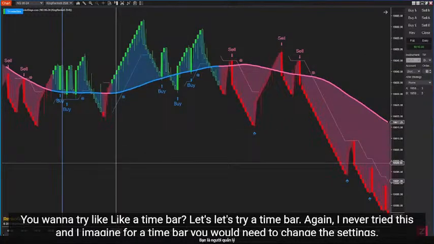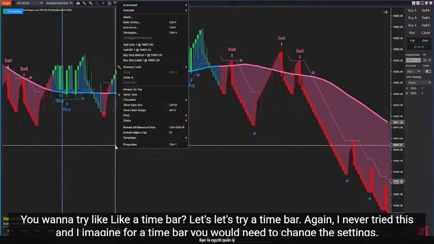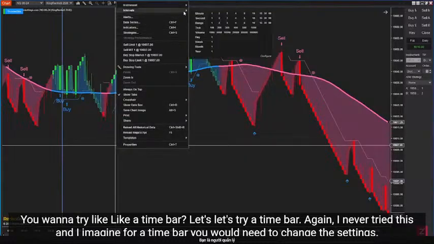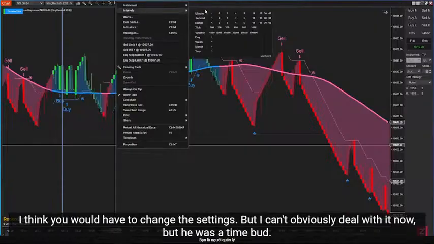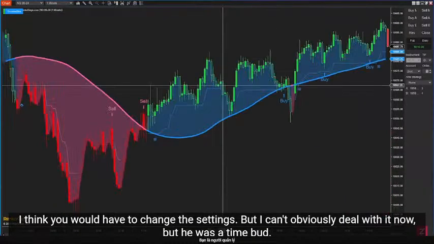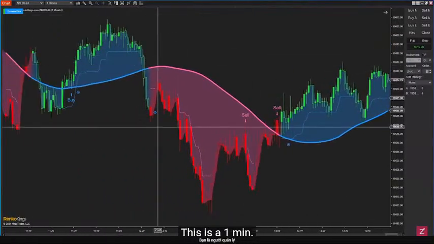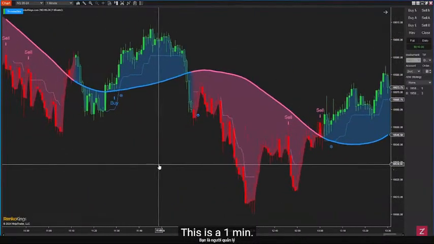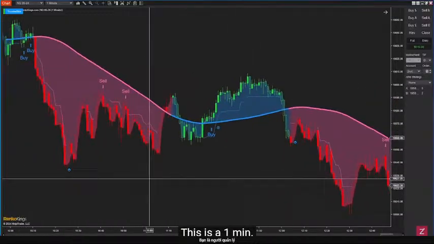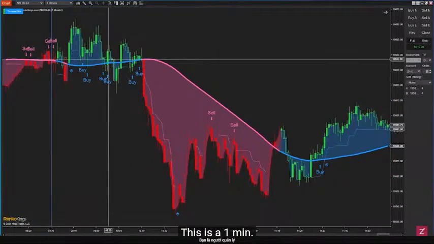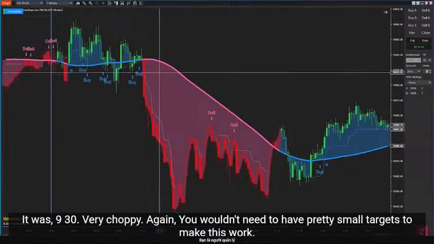You want to try like a time bar? Let's try a time bar. Again, I never tried this, and I imagine for a time bar, you would need to change the settings. I think you would have to change the settings, but I can't obviously deal with it now. But here is a time bar. This is a 1 minute. It was 9:30.